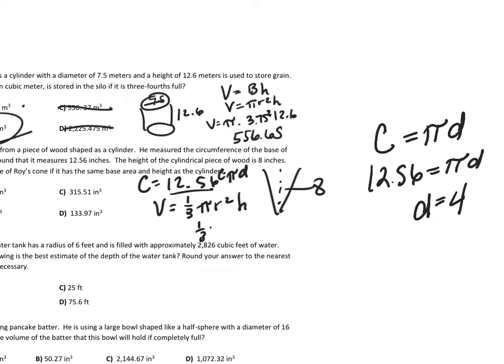So 1/3 pi times 2 squared times the height of 8. So that's 4. So 4 times 8 is 32. Okay, so pi times 32 times 1/3 is 33.5.